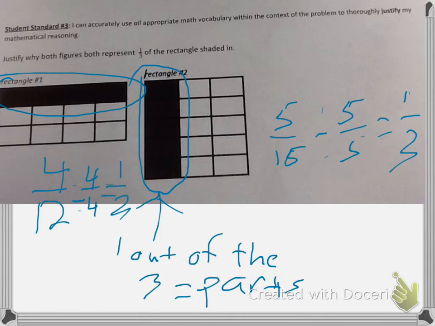So there are 2 big parts in my justification: using the equivalent fractions and the common factors to divide and find how those fractions are equivalent to 1/3, and then also using the picture to help you show people why they're equivalent.